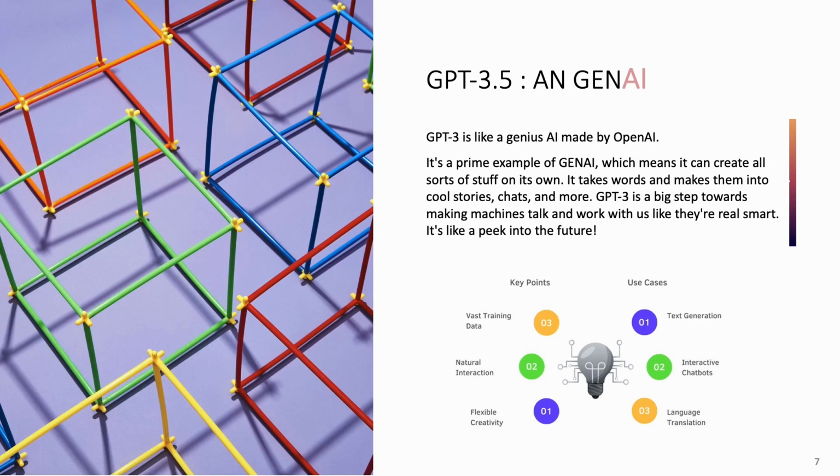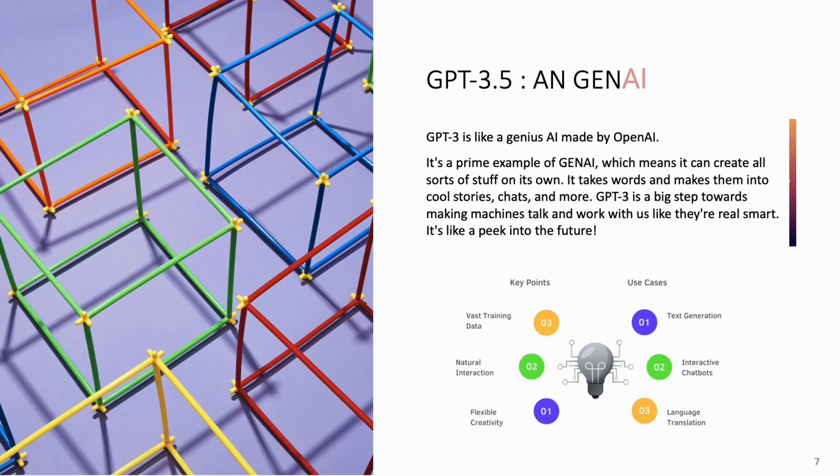Here an example of generative AI is ChatGPT. ChatGPT is made by OpenAI, and it can do all sorts of things. We can ask things and it will respond in a contextual manner.